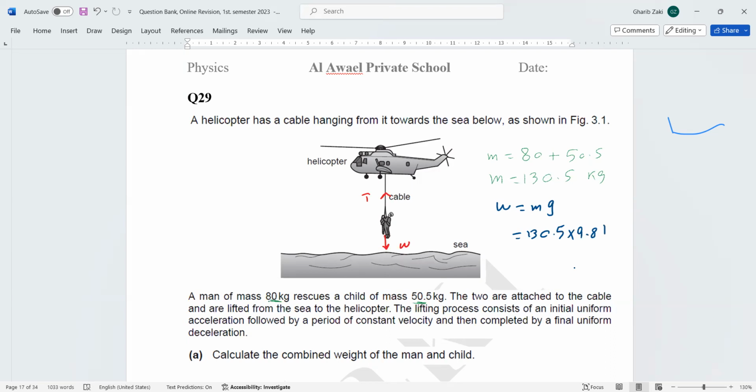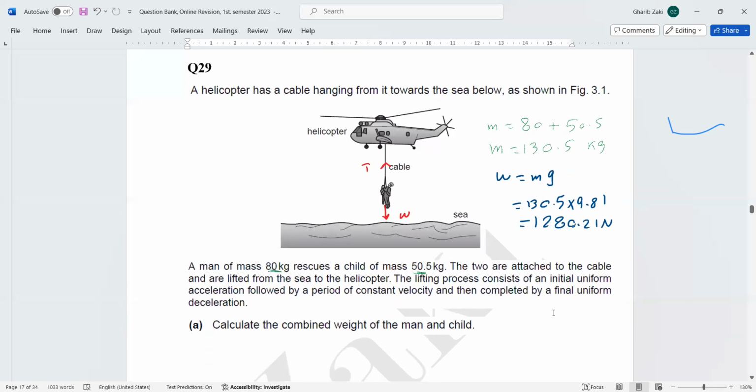So the answer is 1280.21. In the exam, I ask you to write 2 decimal places. Newton. Okay, now calculate the combined weight of the man. This is the combined. W equals mg. So it is 1280.21 Newton. This is the total.